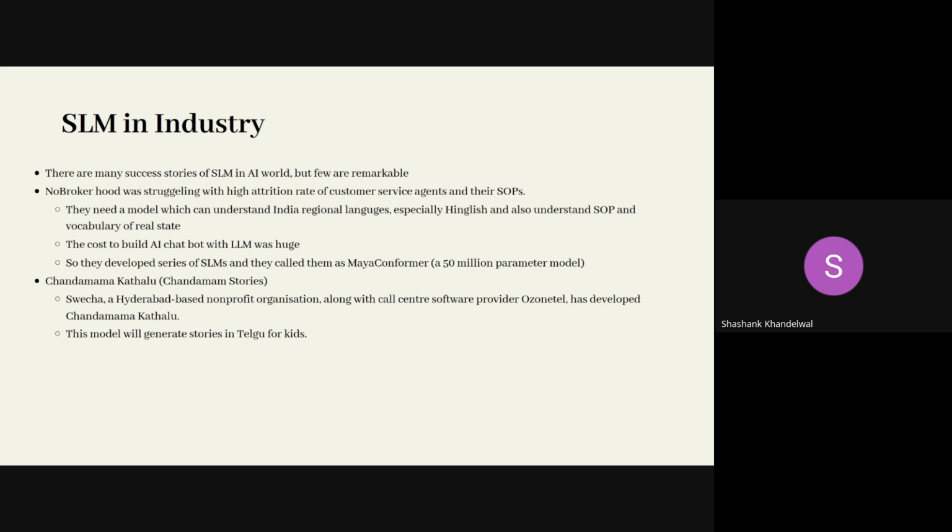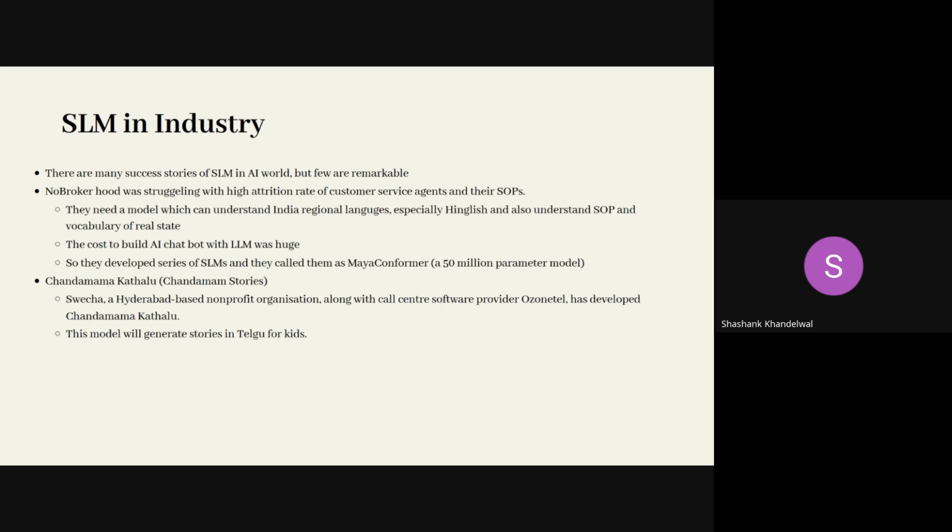Again, a few months back, after the release of TinyStories, a software provider on Intel and an NGO called Swecha came together and created Chandamama Kathalu, which means Chandamama stories. They ran a hackathon, a datathon, went to different schools and asked students to write stories. They used those stories as synthetic data like TinyStories and created a model based on them.